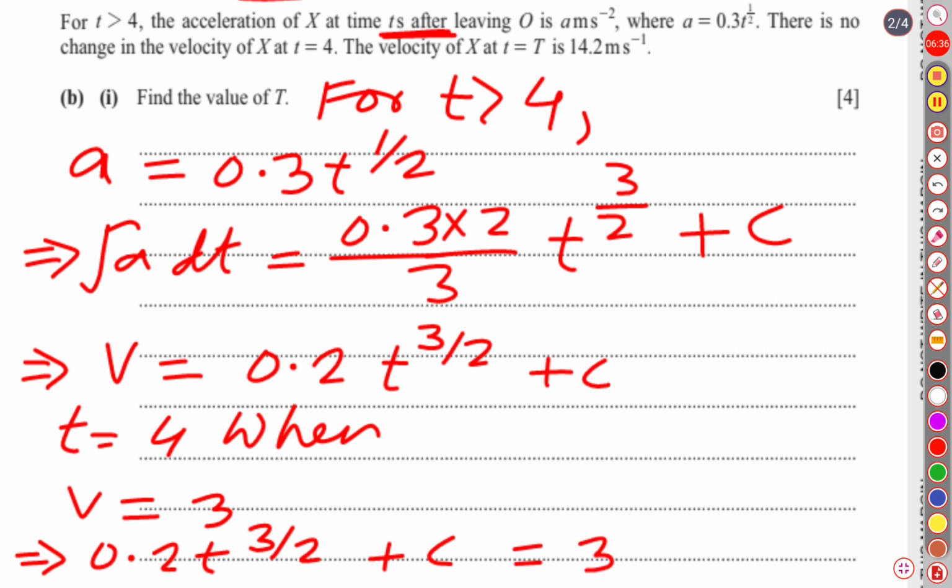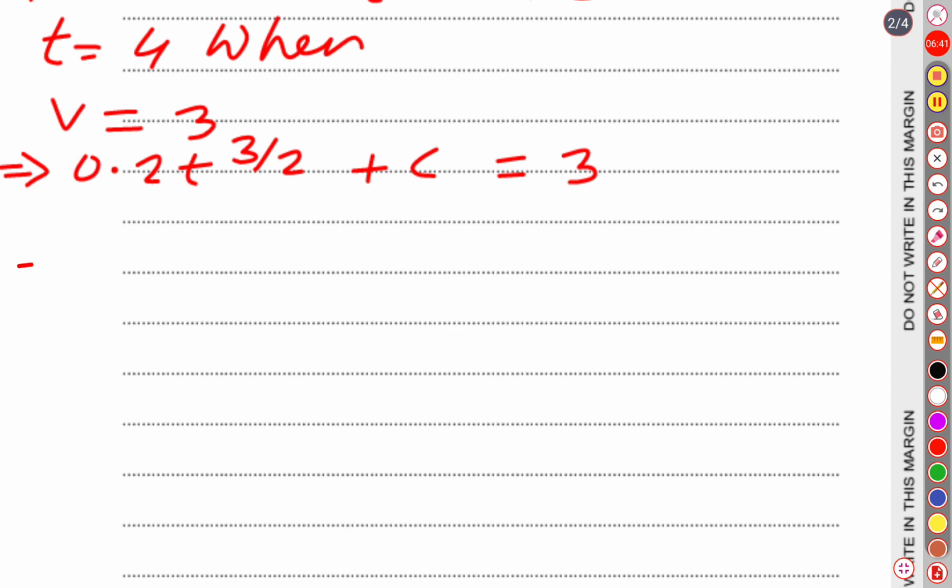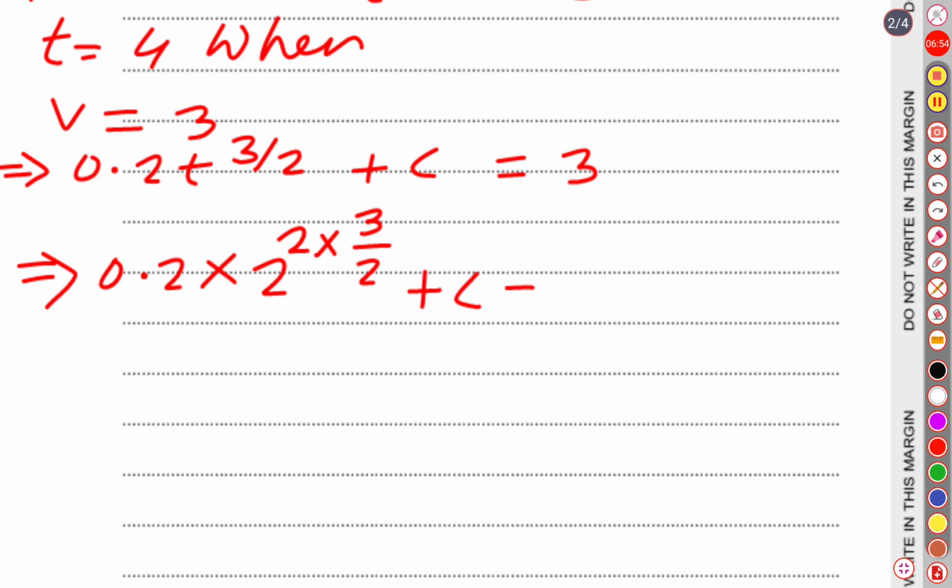Now if we simplify this, our t was 4, so 0.2 times, 4 can be written as 2 square, so 2 square into 3 over 2 plus c is equal to 3, or our c is going to be 3 minus what is going to be over here. So 2 cube means 8. 8 2s are 16. That means 1.6.